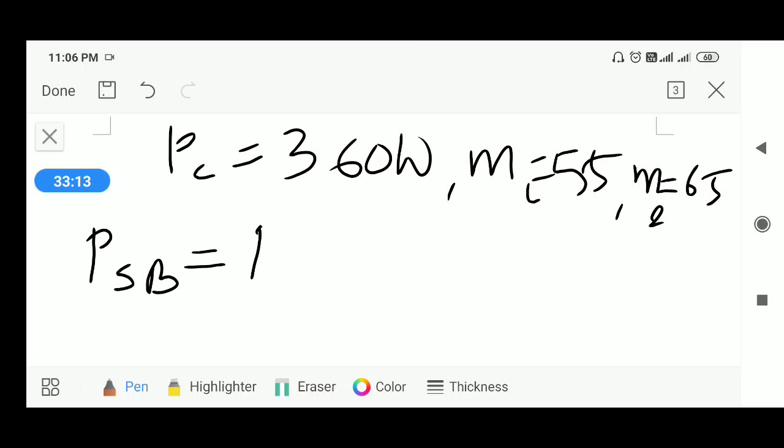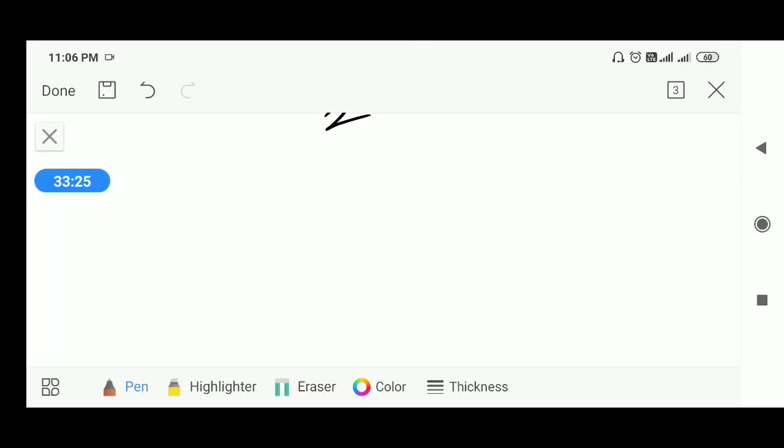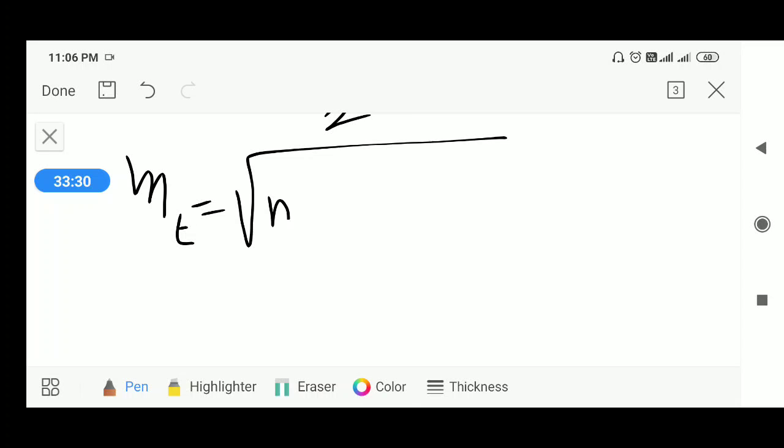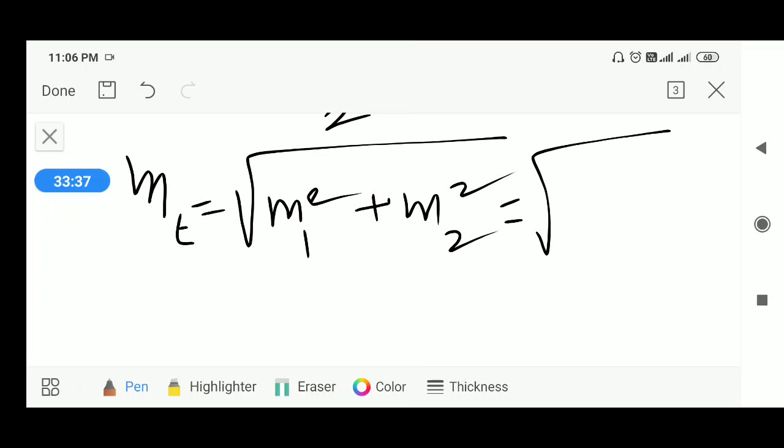The formula for total sideband power is equal to Pc m square by 2, where here there are two modulation indices, so it is mt. For finding total modulation index, mt is equal to under root of m1 square plus m2 square, that is under root of 55 percentage means 0.55 square plus 65 percentage means 0.65 square.